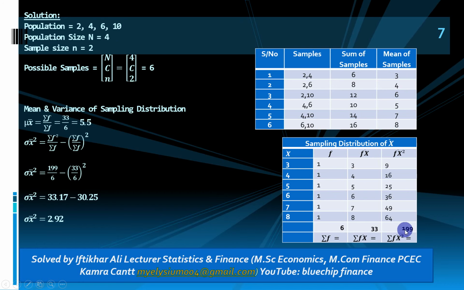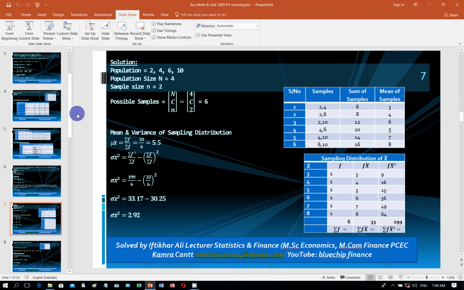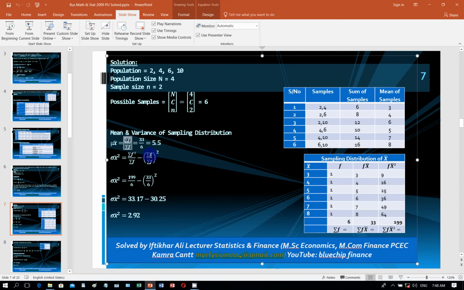The result is sum of f x bar square 199, sum of f x bar 33, sum of f 6. Just put these values into the formula of mean and variance. Mean formula of sample statistic is sum of f x bar over sum of f.